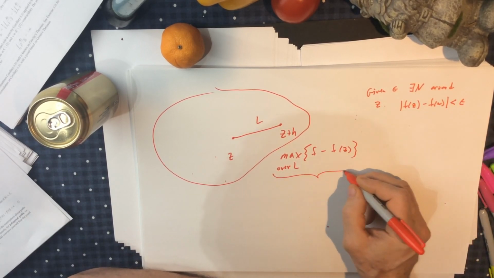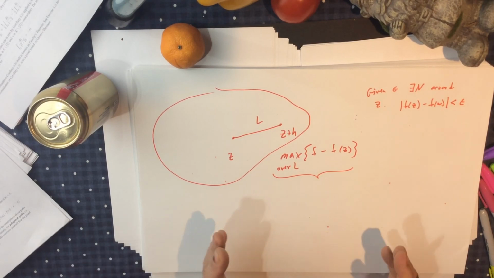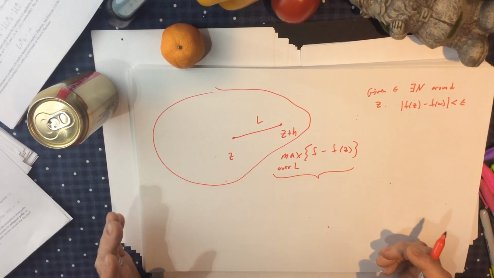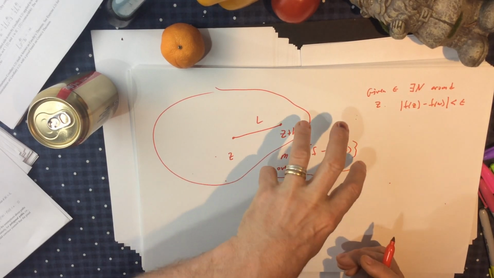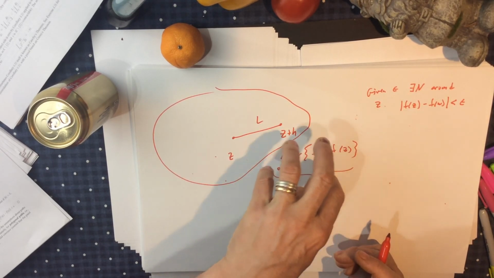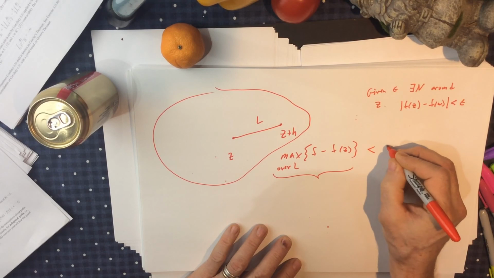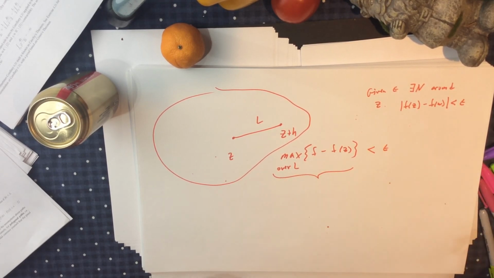So under my limit process, I know there exists a length delta that's bounded around here. Get h small enough that this will be less than epsilon for any epsilon.